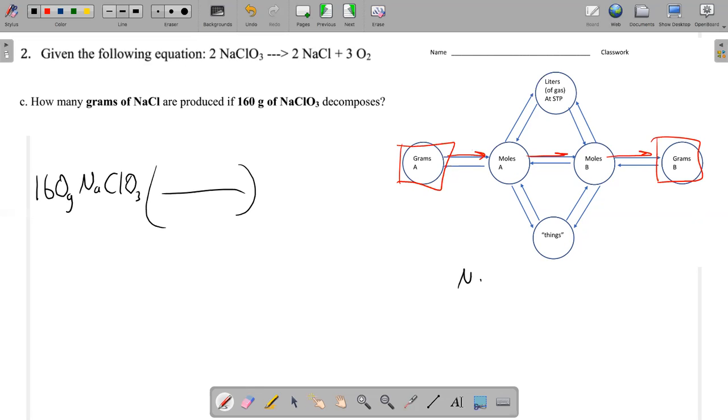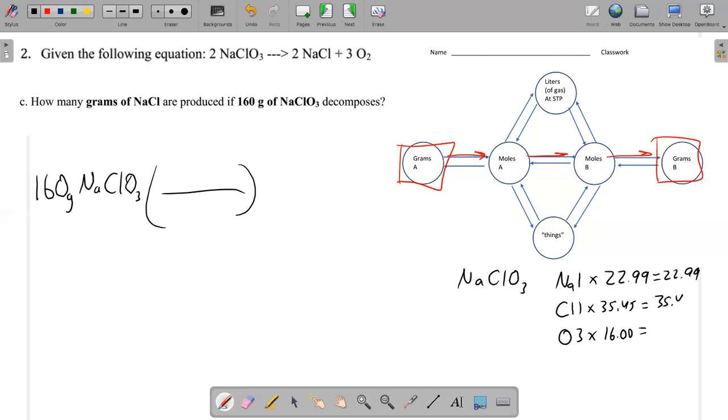Formula mass. So we have 1 sodium, 1 chlorine, and 3 oxygens. Sodium is 22.99. Chlorine is 35.45. And oxygen is 16.00.